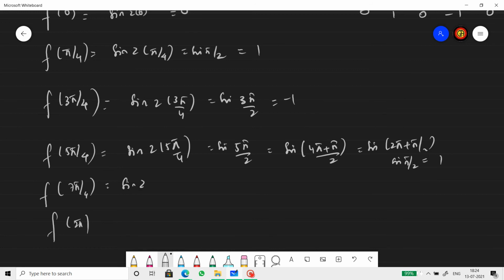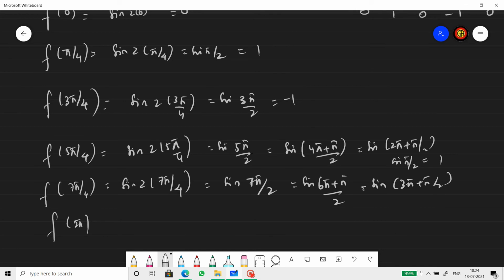And then sine 2 times 7 pi by 4. Same way you keep doing it. Sine 7 pi by 2. So sine 6 pi plus pi by 2. So sine 3 pi plus pi by 2. 180 plus theta. 3 pi is the half revolution, so 180 plus theta. Third quadrant, minus sine pi by 2. That's minus 1. And 2 pi, obviously 0.